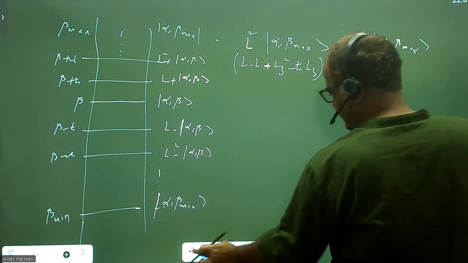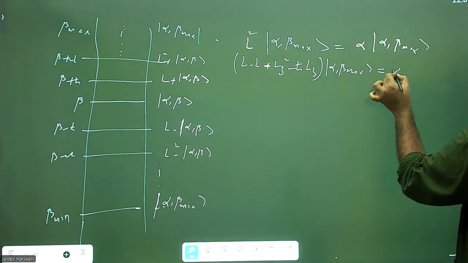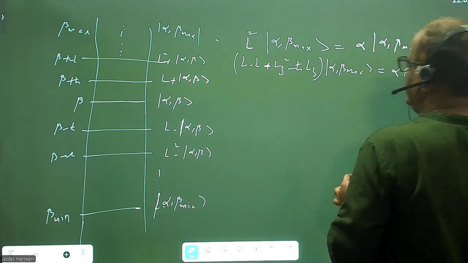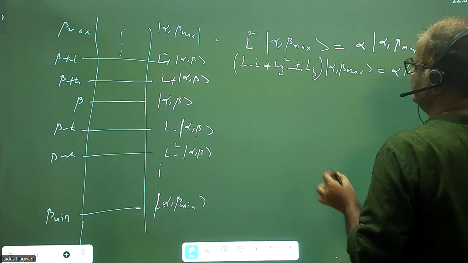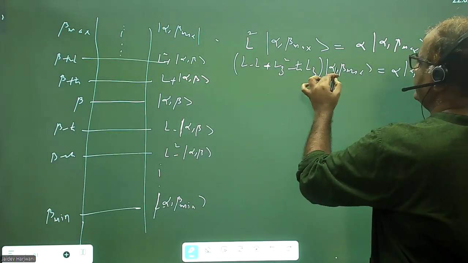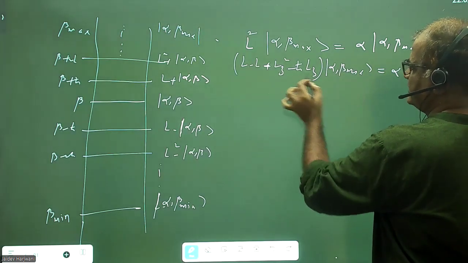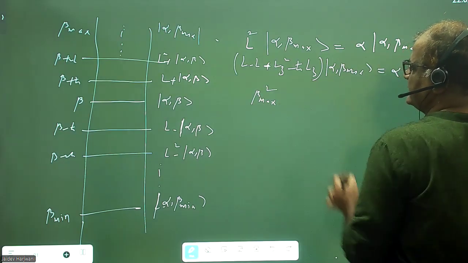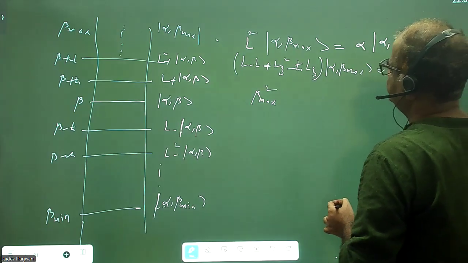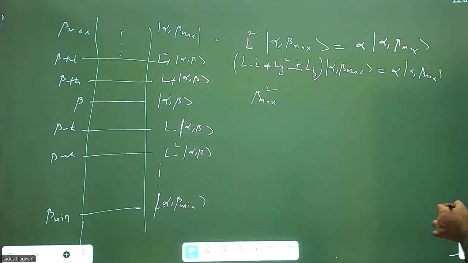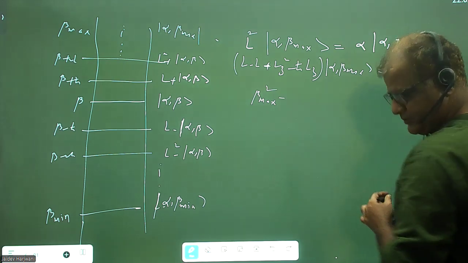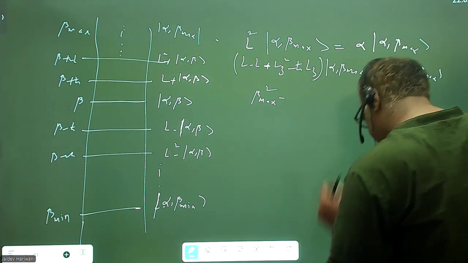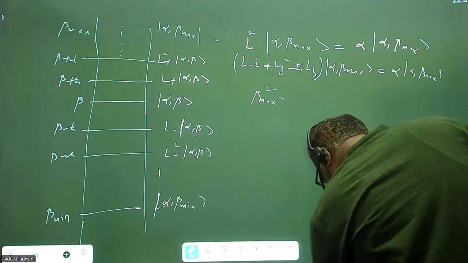This is equal to alpha beta max, and when L plus operates on this, it will be 0 because it cannot enhance further. Lz will give you beta max square, and now here minus or plus, check it. So it should come plus.